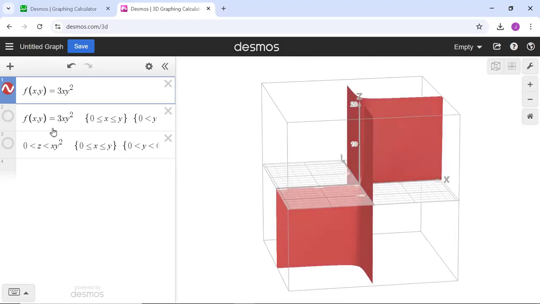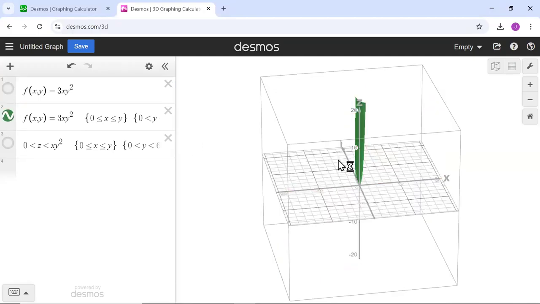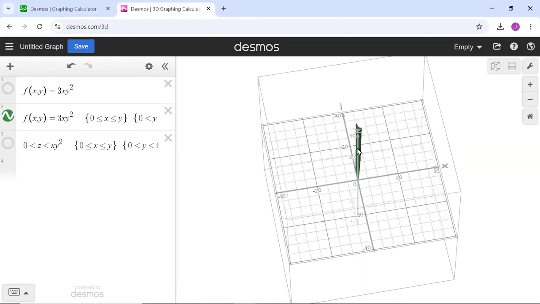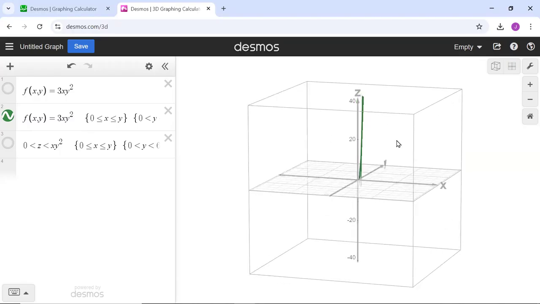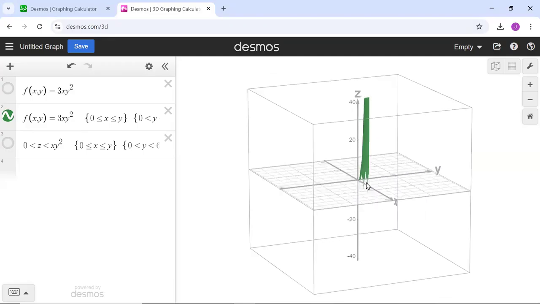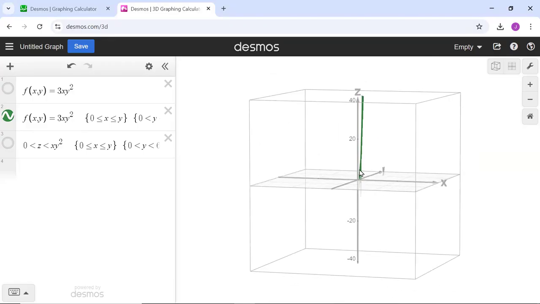Now, when I'm integrating with my x values from 0 to y, and my y values from 0 to 6, there's a specific region of the graph that I'm looking at, namely this green part of the graph. It's not drawn real well, but that's what's going to happen.